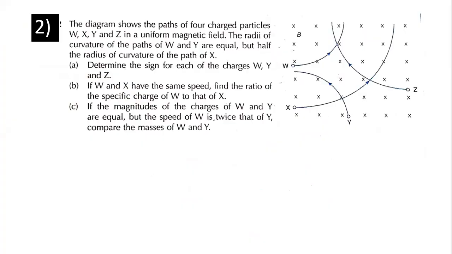Okay, the diagram shows the path of charged particles W, X, Y, Z. Determine in a uniform field the radii of curvature of W and Y. W is this one, Y is this one.